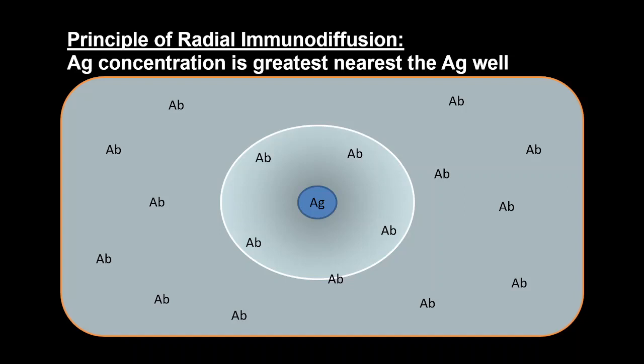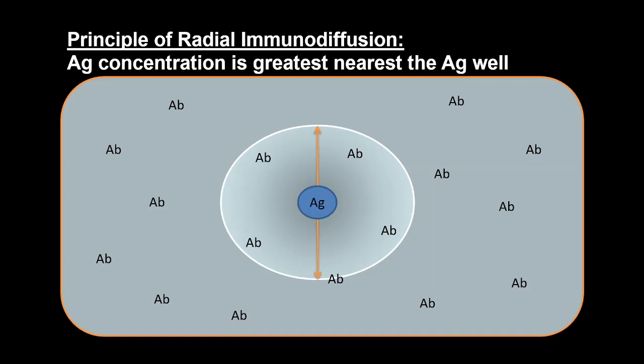So here in radial immunodiffusion, precipitation is manifested as a precipitin ring. Usually, we get the diameter of the precipitin ring, and the area of the ring obtained is a measure of antigen concentration, and this can be compared to a standard curve obtained by using antigens of known concentration.